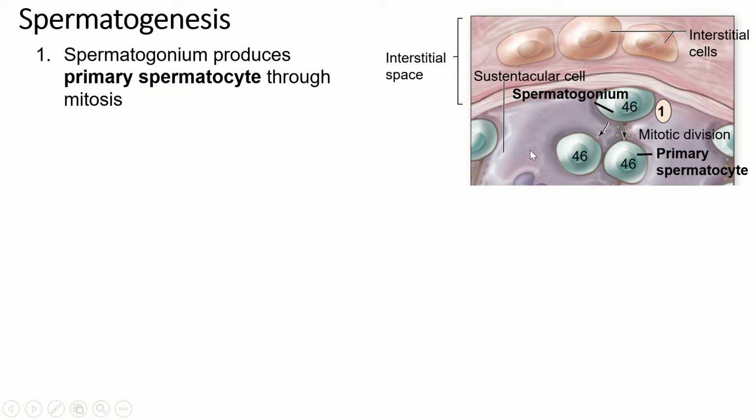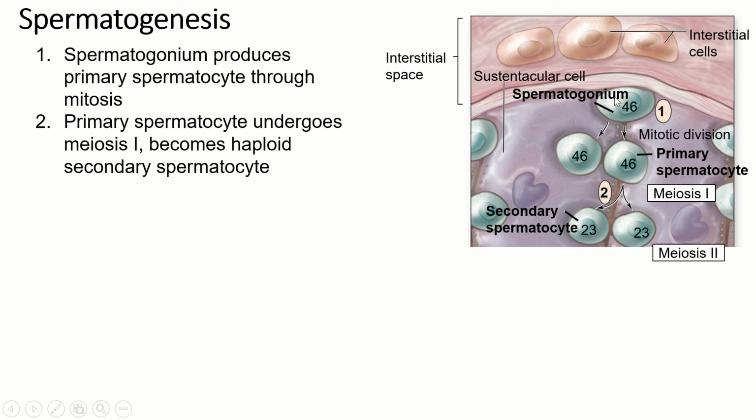These are diploid cells. Okay, so they are exact copies of the spermatogonium. That spermatogonium is a type of stem cell, except it just makes spermatocytes. Here's the interstitial cells out here that are producing the hormones, in the interstitial space around the tubule.